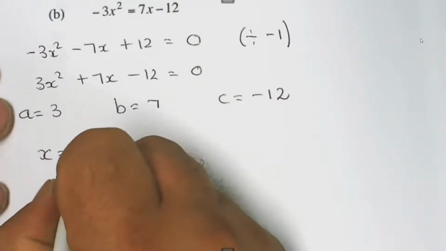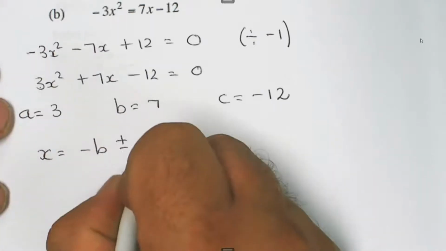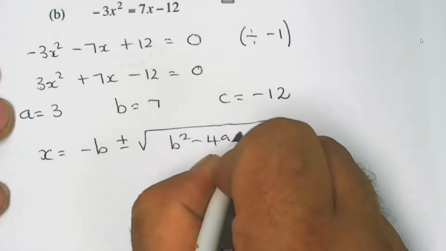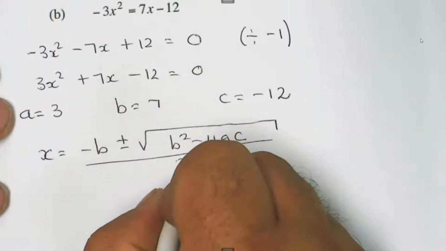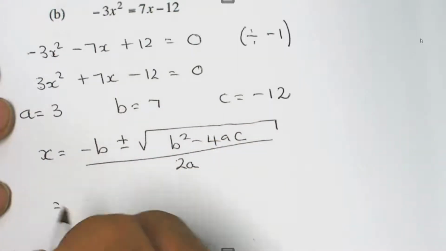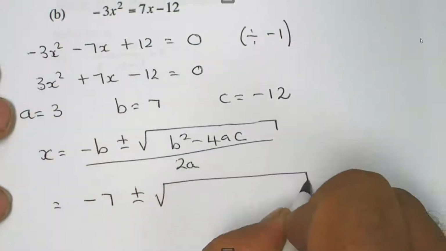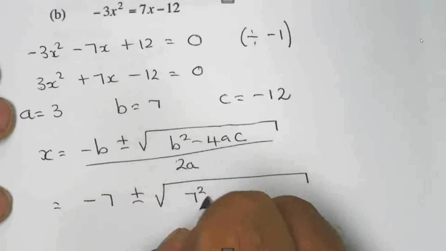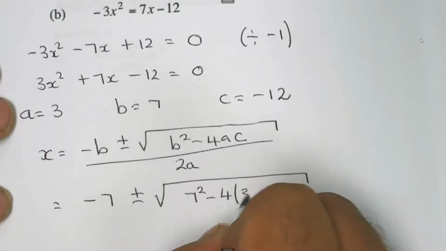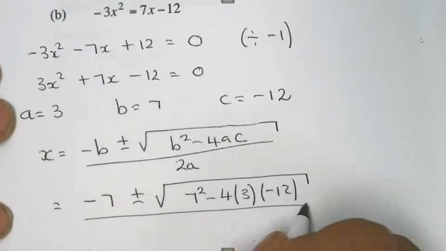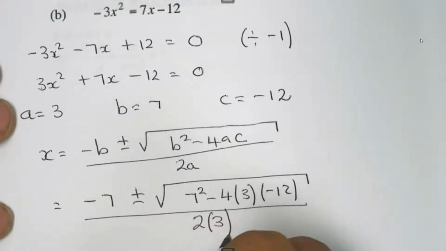X is equal to minus B plus minus the square root of B squared minus 4AC divided by 2A. So negative B becomes negative 7 plus minus the square root of B squared, which is 7 squared minus 4 times 3 times negative 12 over 2 times 3.